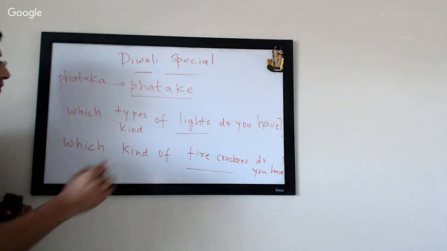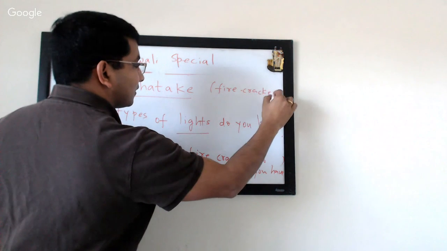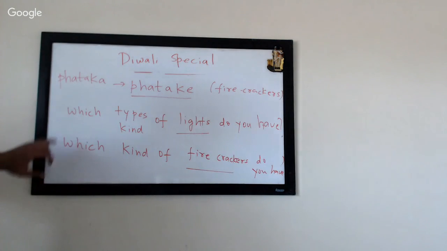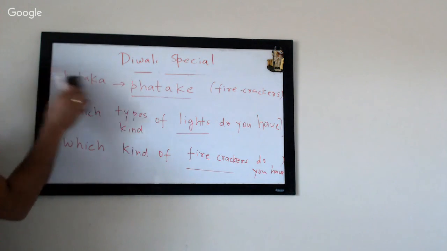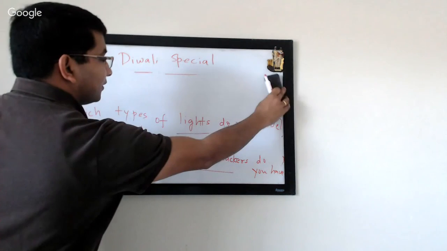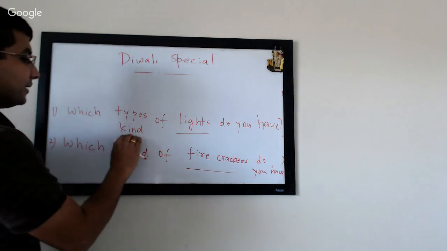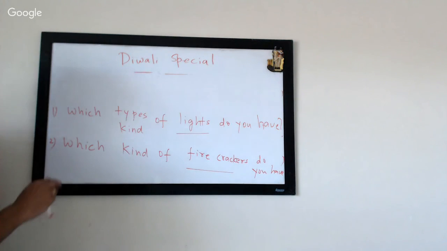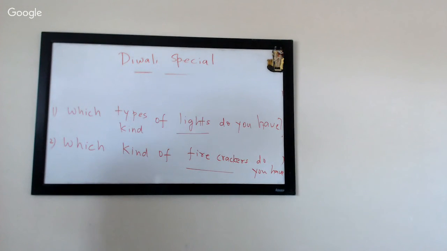It's like a generic word for firecracker, right? So we just learned to have basically, right? आपके पास. Now, having learned these two new vocabulary words, if you were to write down these sentences in Hindi, which types of lights do you have, or which kind of firecrackers do you have? How do you say that? And that would be the last quiz for today. Try it. It should be easier now.